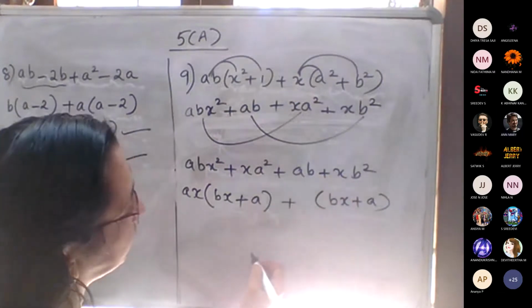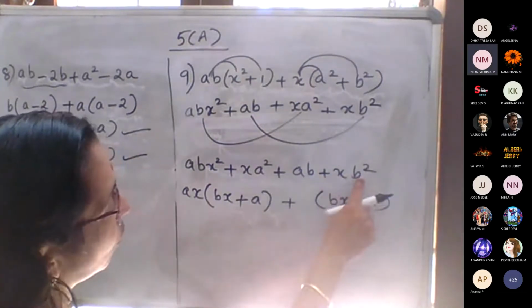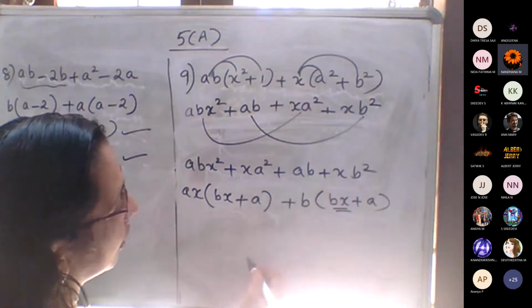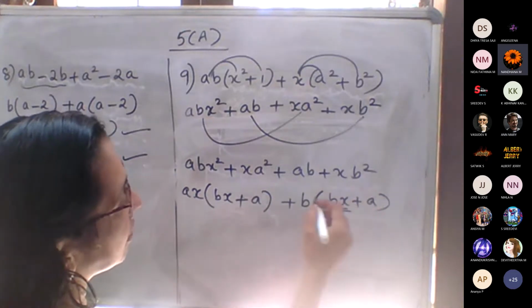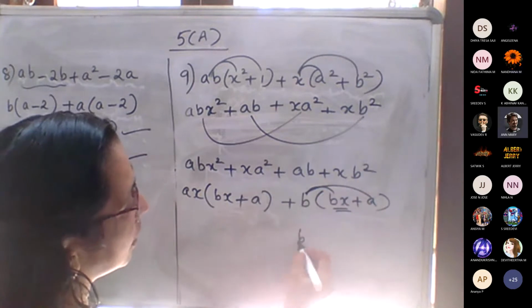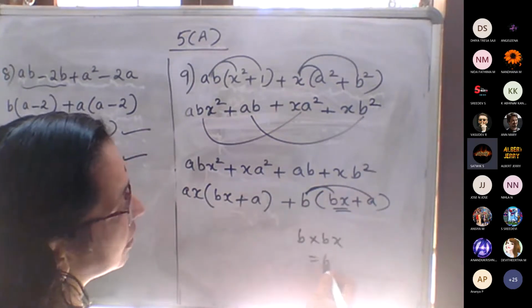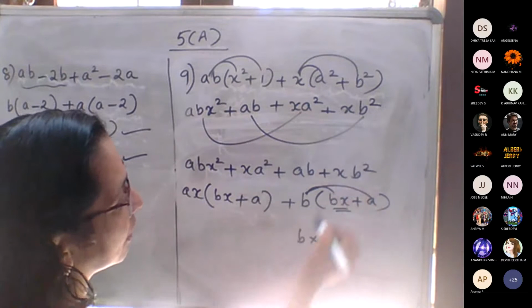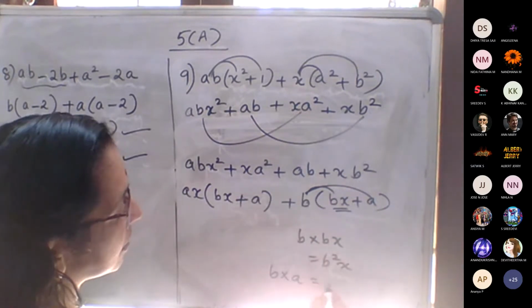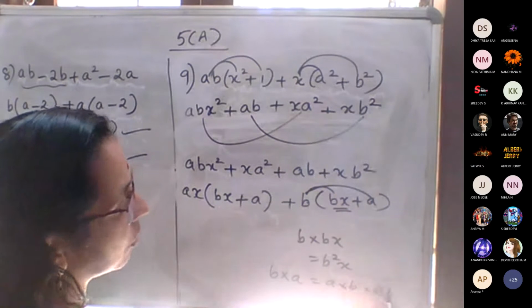B into bx is b square x. B into a is same as a into b, which is equal to ab.